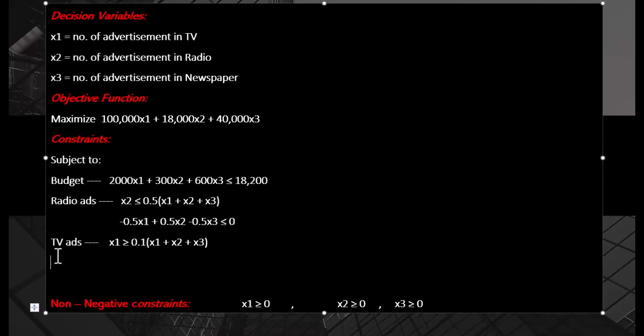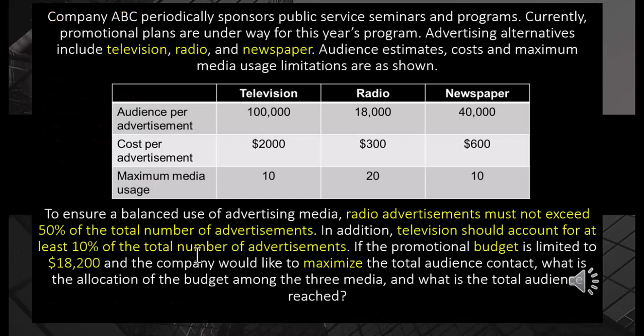Or we can write it like 0.9 x1 minus 0.1 x2 minus 0.1 x3, simply greater than or equal to 0.